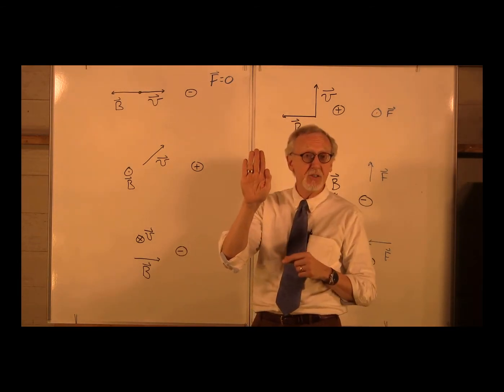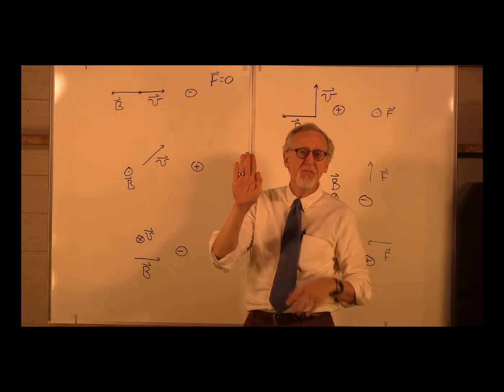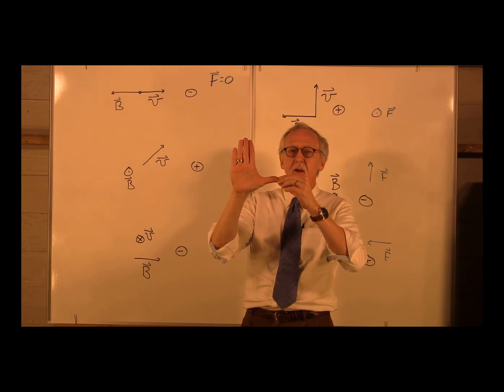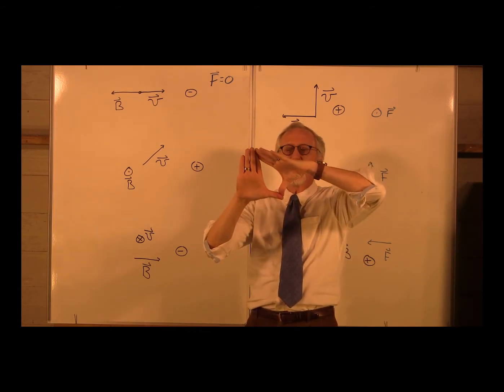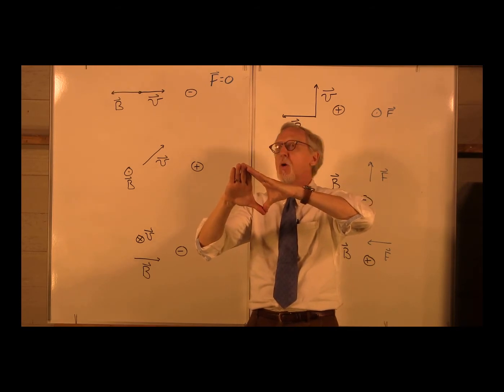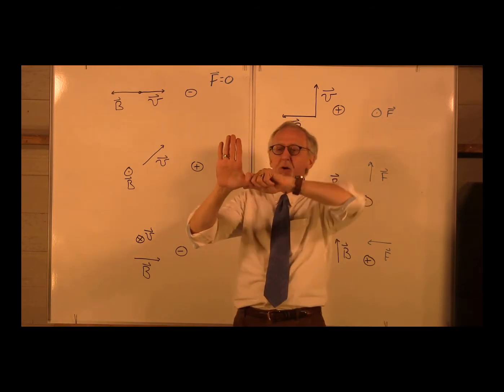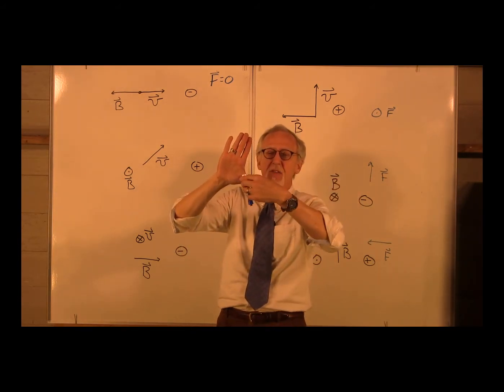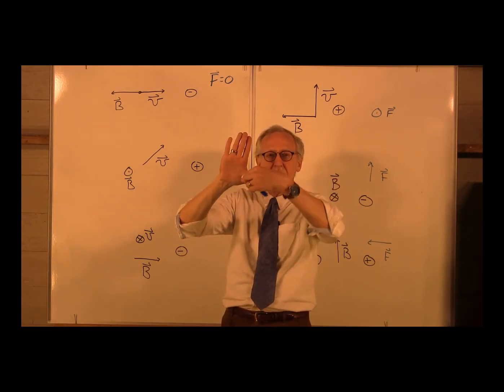If the angle is actually 0 degrees, there is no force, so you don't have to use the right-hand rule. To 90 degrees, but then you have to imagine that you can actually stretch your fingers all the way up to almost 180 degrees. So you've got to imagine that you could actually stretch your thumb all the way so that it's pointing in the opposite direction.